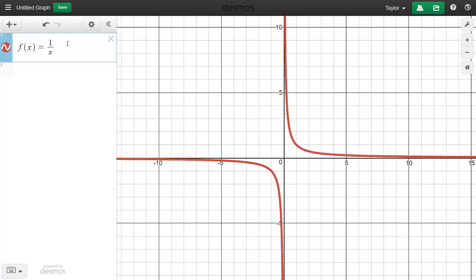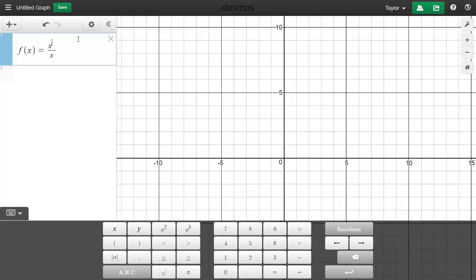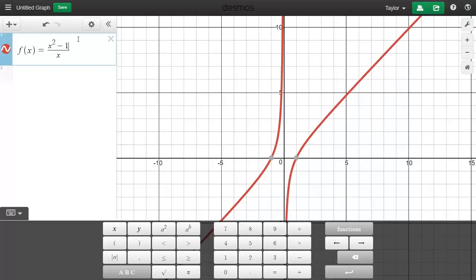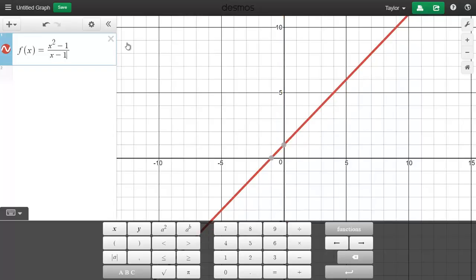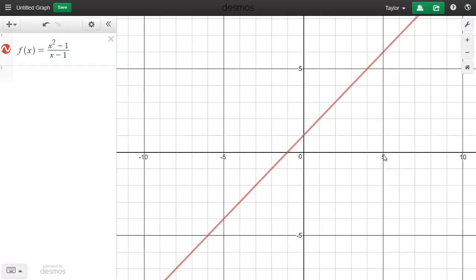Okay, the next example was one we've actually considered before. It is the rational function x squared minus 1 over x minus 1. Now, you can't really see the problem here because this software is not going to display by default an undefined point, but we can see here that this function is clearly not defined at x equal 1.